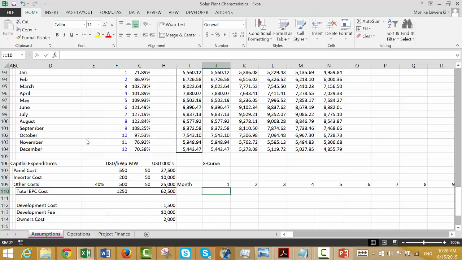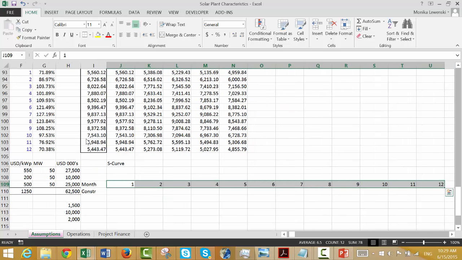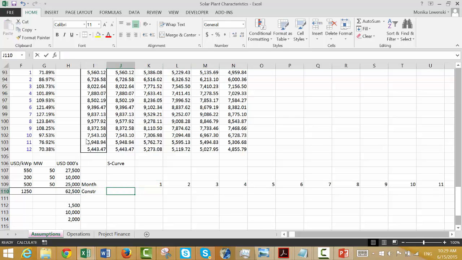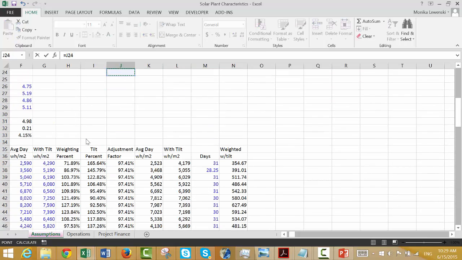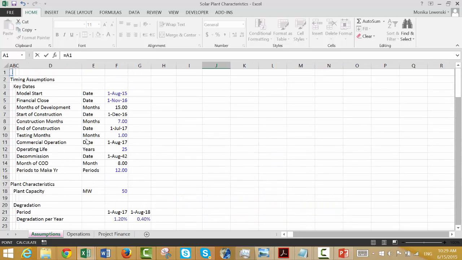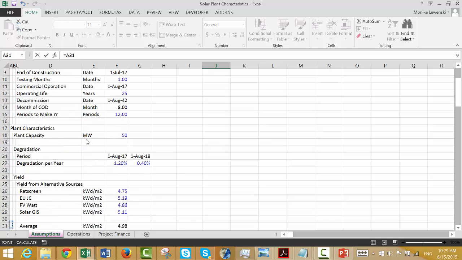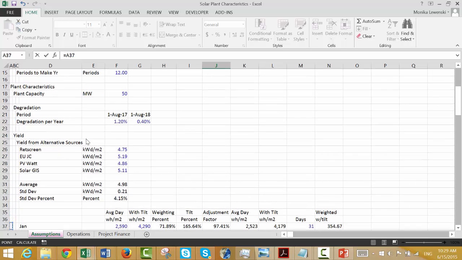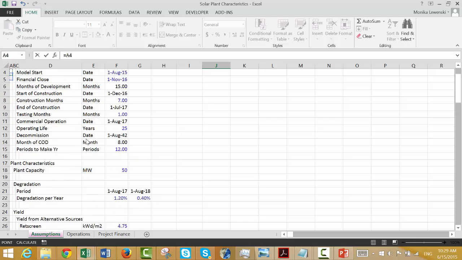How about let's move this one over, and we have some construction months here. We have construction months. Where are they? Come on, they're up here.